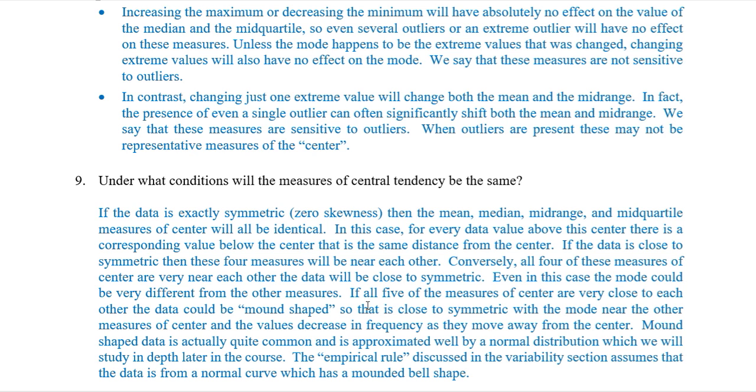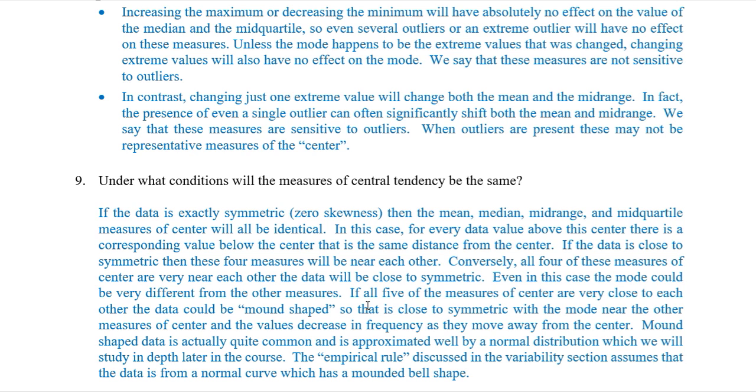In this particular case, the symmetric case, for every data value above the center, there's a corresponding value below the center that's the same distance from the center. If the data is close to symmetric, then these four measures will be near each other. So if the mean, median, mid-range, and mid-quartile are all very close to each other, the data is very close to being symmetric. Maybe not perfectly symmetric, but if they're pretty close, then the data is close to symmetric.